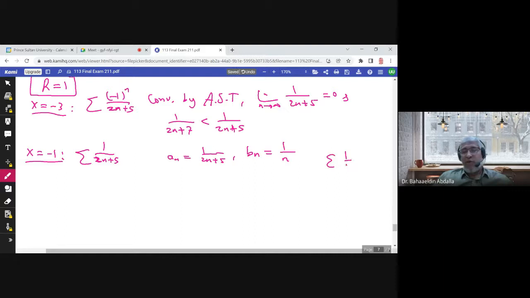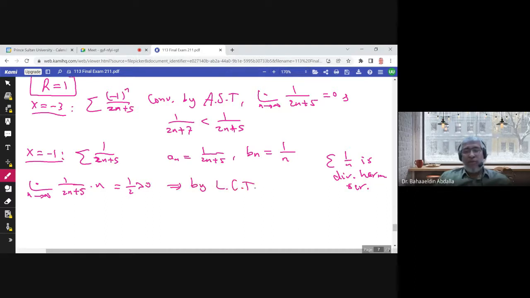And summation 1 over n is the divergent harmonic series. So the limit of a_n over b_n, when n goes to infinity, is 1 over 2, which is greater than 0, and that's the condition. So by the limit comparison test, summation 1 over 2n plus 5 is also divergent.